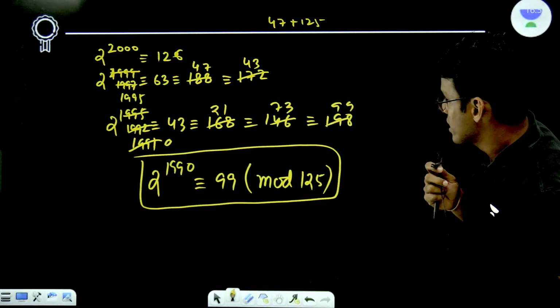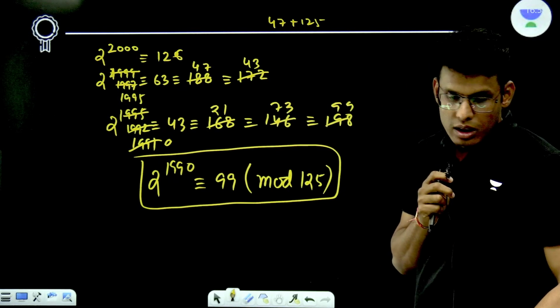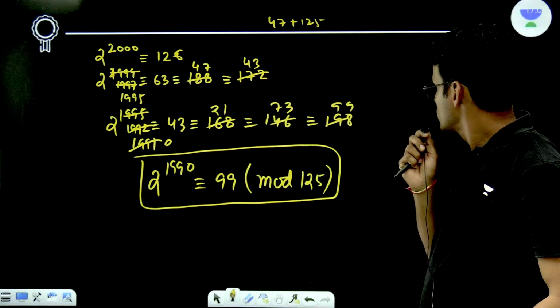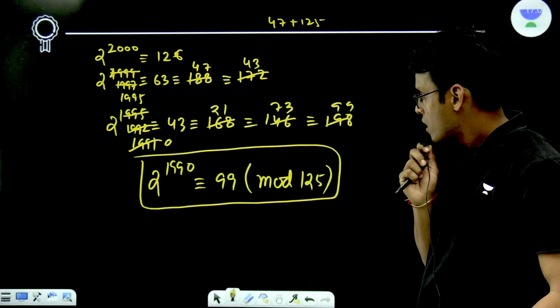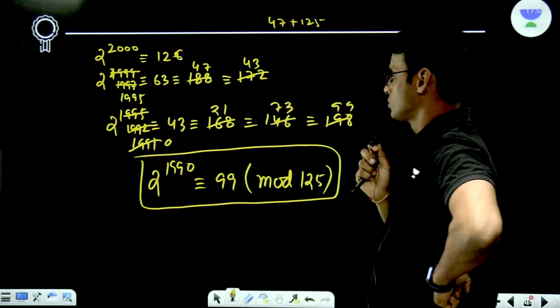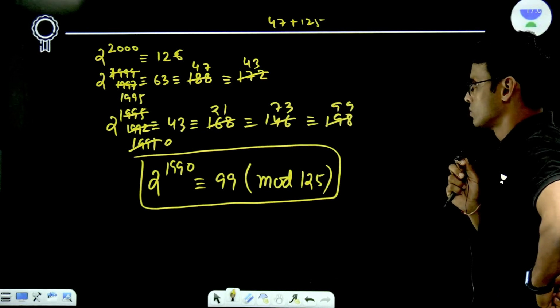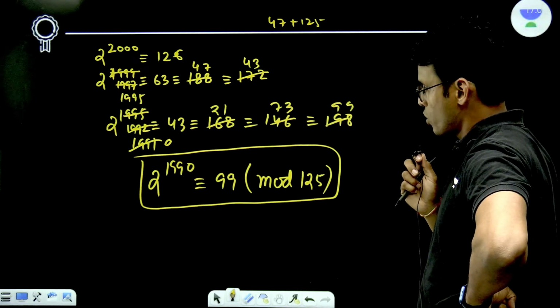2 to the power 1990 is congruent to 99 mod 125. 99 or 44 or 24? 99 only.